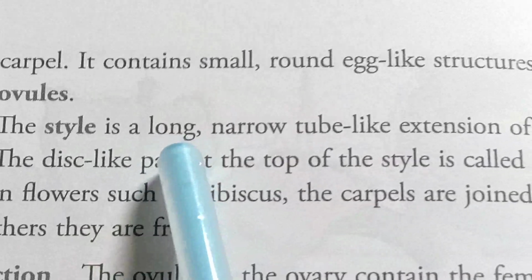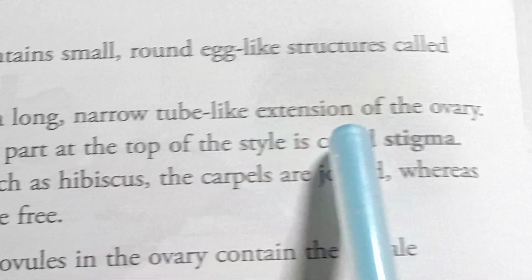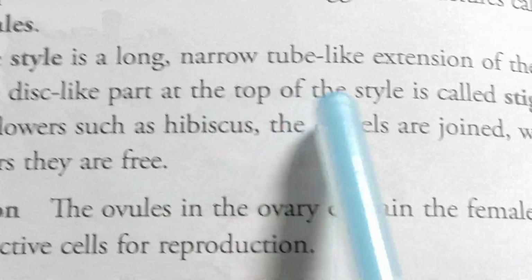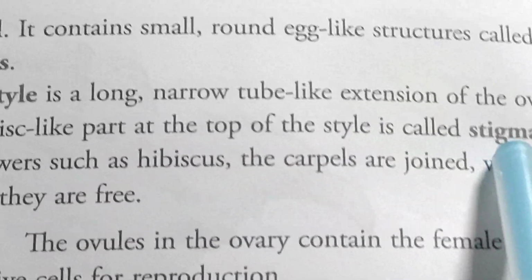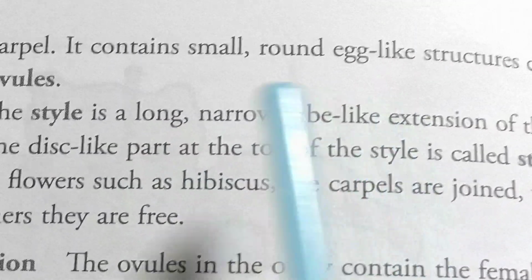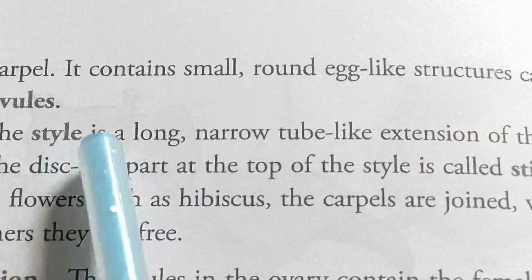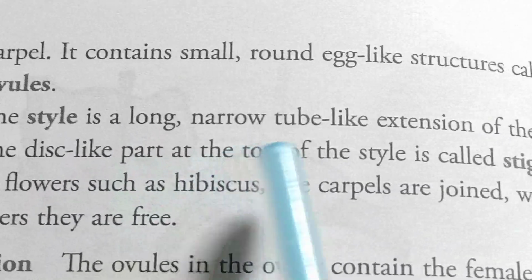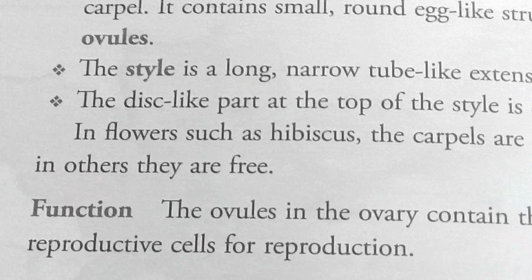The style is a long narrow tube-like extension of the ovary. Then the disc-like part at the top of the style is called the stigma. So from the ovary there is a long narrow tube-like extension, the style, and above the style there is a disc-like flat top, the stigma.